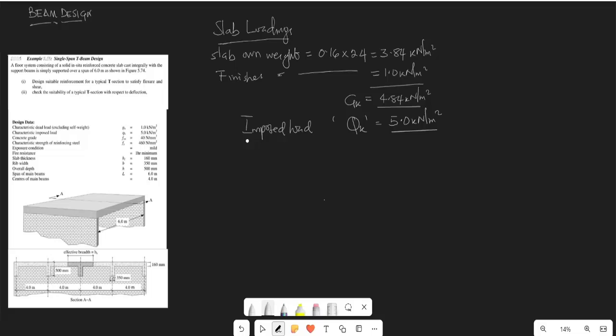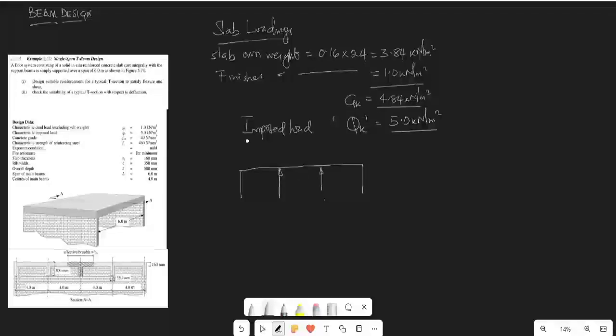So the next thing to do now is to get your ultimate design load that is going to get into your beam when you're loading it. Or you can leave it this way, so that the load from your slab, if you're considering a central beam, we have a lot of intermediate beams, for example, as the figure has shown to us.